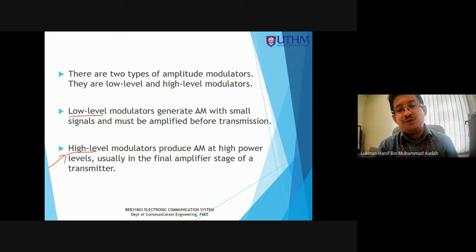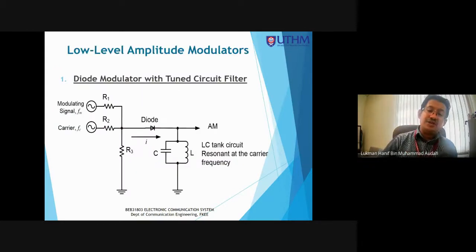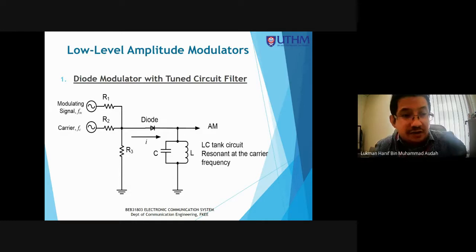Okay, tetapi dalam you punya syllabus cuma ditunjukkan dua example untuk low level, dua example untuk high level. So circuit ini sebenarnya ada banyak jenis. So we will see the most basic circuit types for the double sideband full carrier.